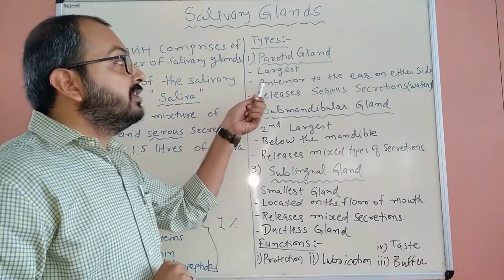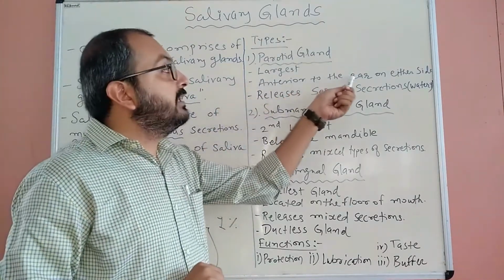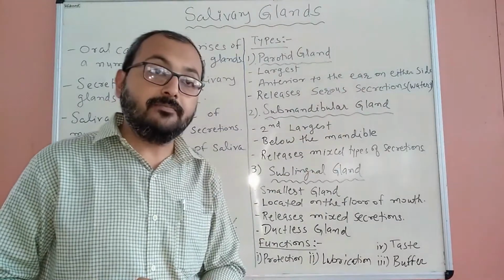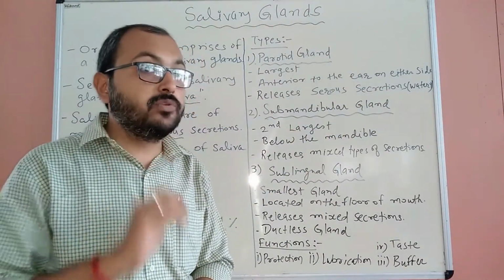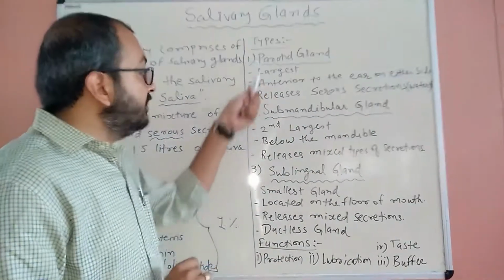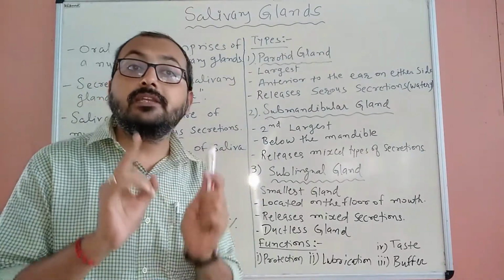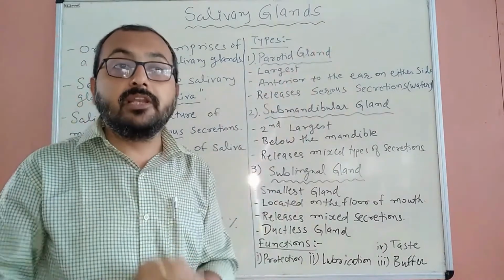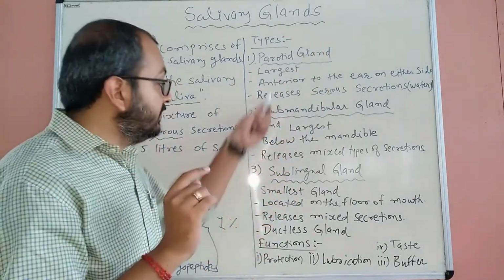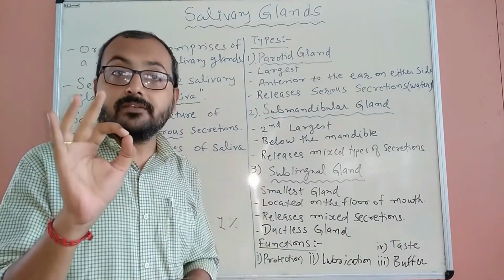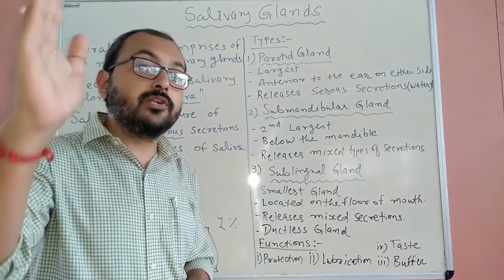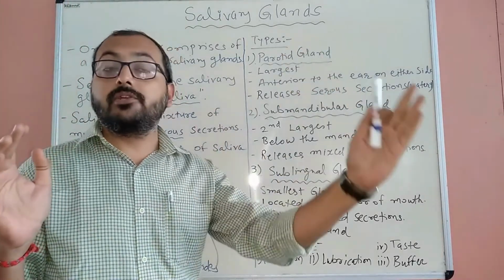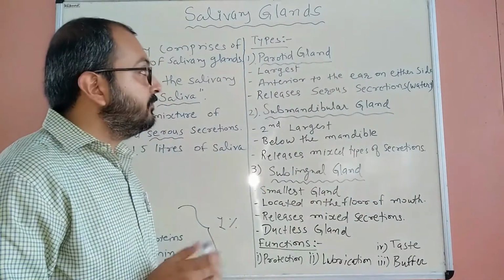It is located just anterior to the ear on either side. One thing we need to remember is that these three will be available in pairs. Three will be on the right side, three on the left side. So one will be located on the right side, the next on the left side.